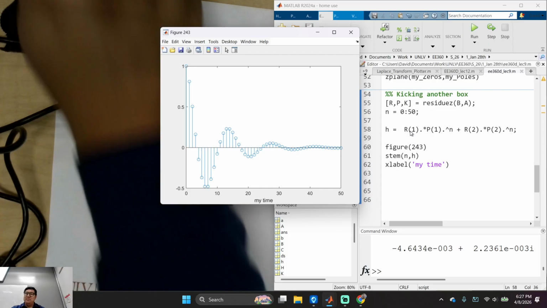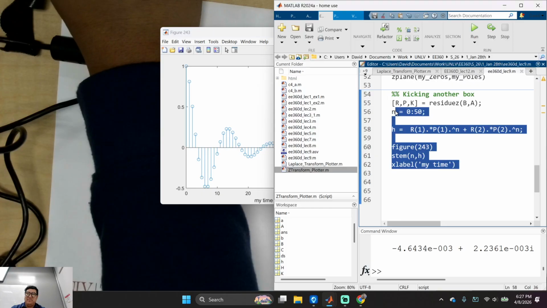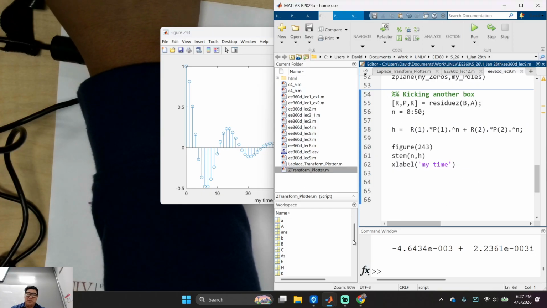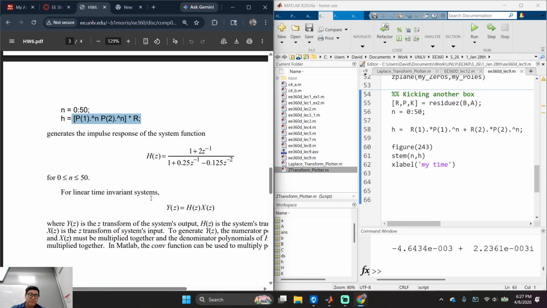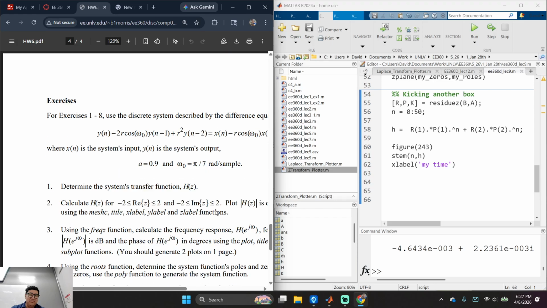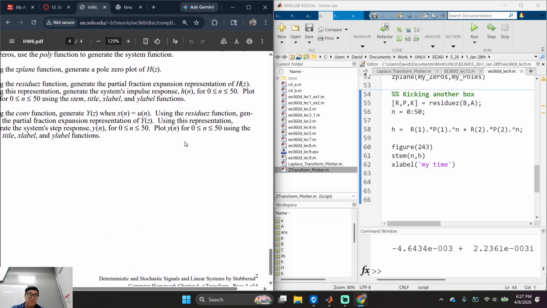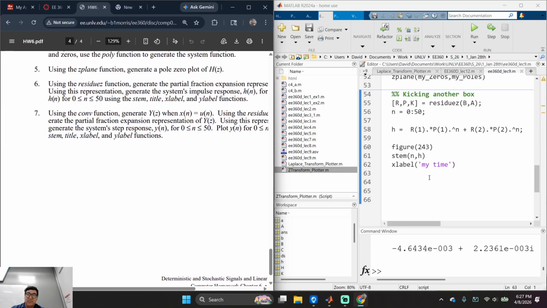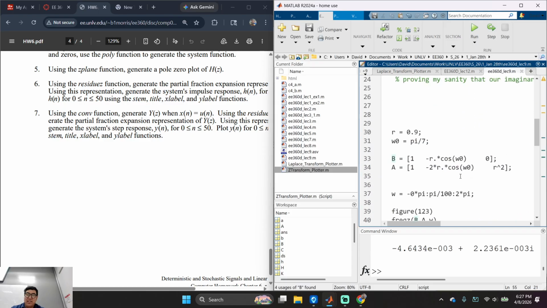Cool. Who wants to see a unit step? Actually, no, I don't want to do a unit step. We got 3 minutes. Maybe I will do a unit step. B's, A's. This is a transfer function, right?